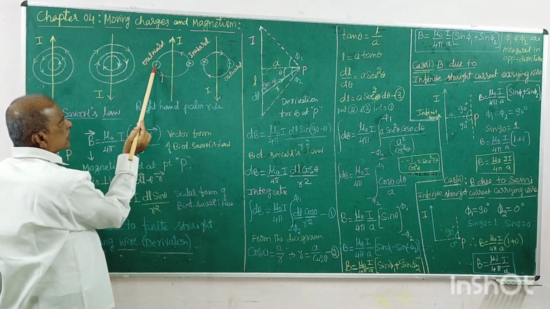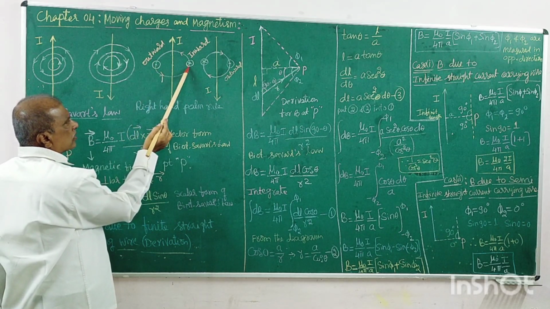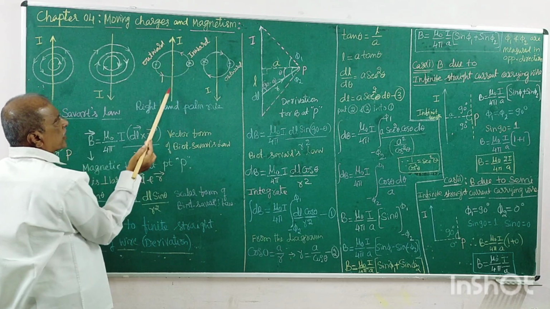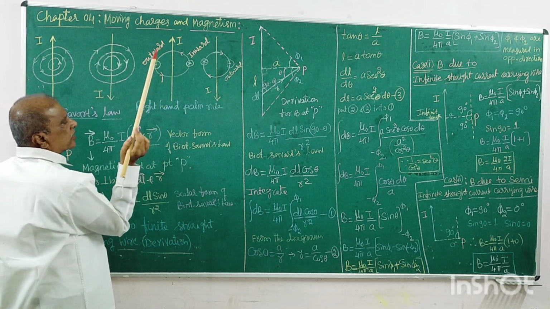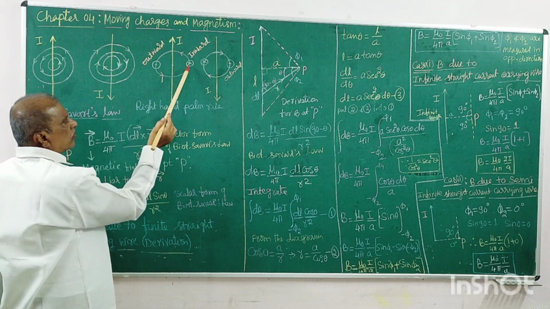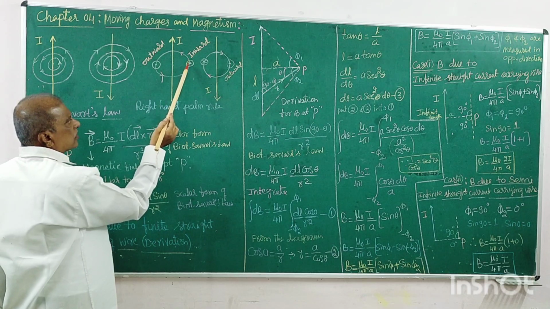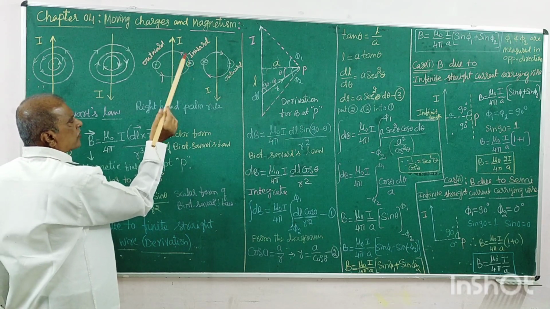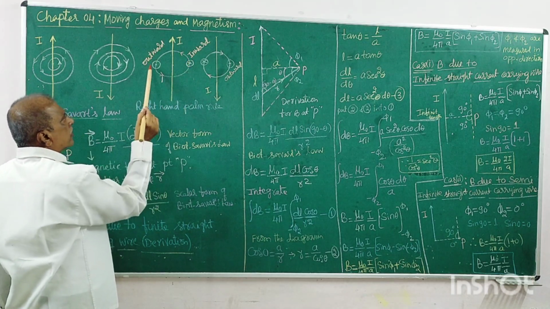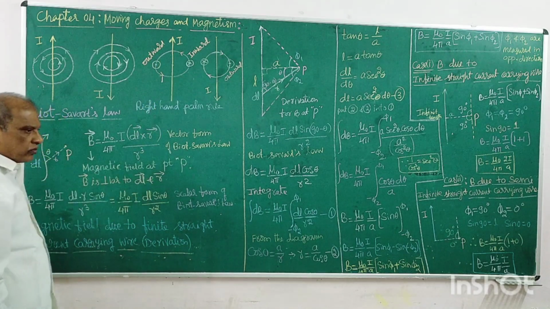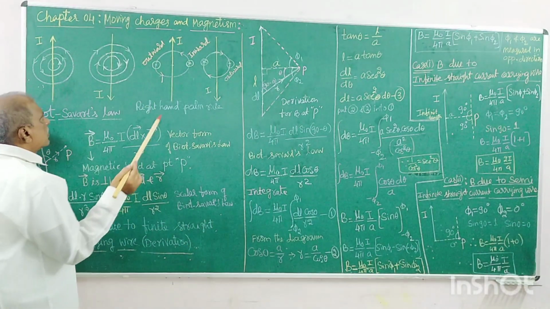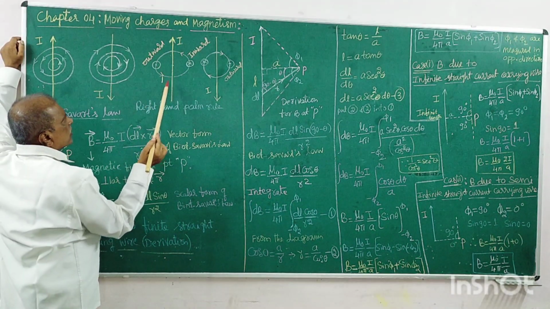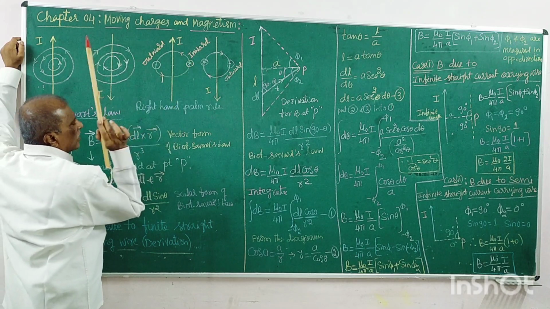If there are symbols like this on a plane of paper on either side of the conductor, the field is tangent, either perpendicular inward or perpendicular outward, perpendicular to this line and this point in the same plane.